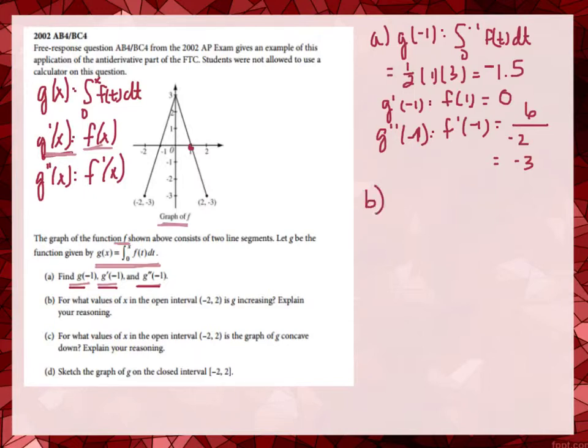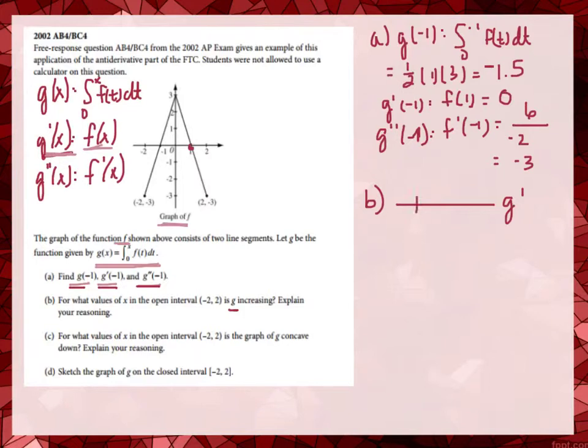Let's move to B part. For what values in the open interval of -2 to 2 is g increasing, and we're to explain our reasoning. So remember that we know we're increasing when our derivative is positive, but since we're talking about g prime, I'm going to make a sign chart. Well, g prime is the graph of f.